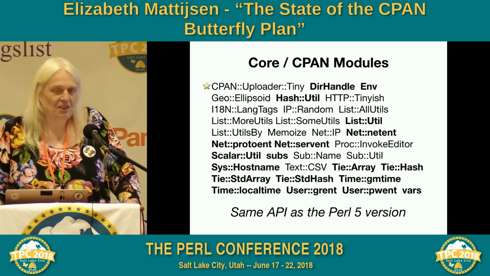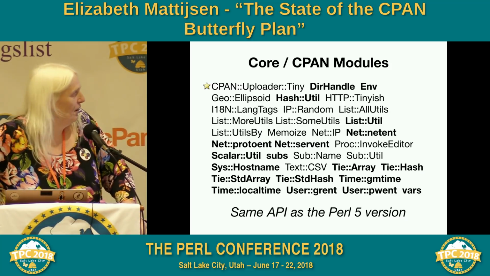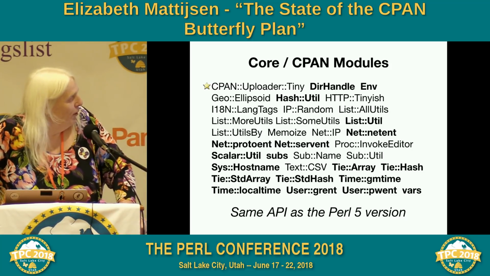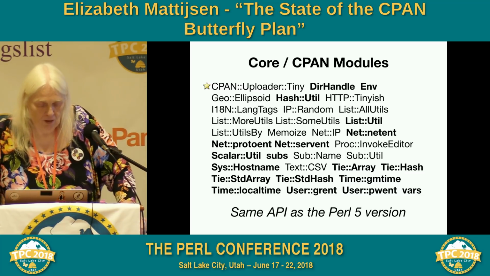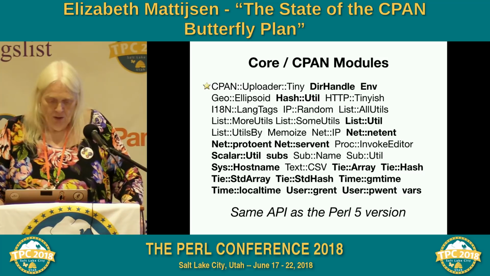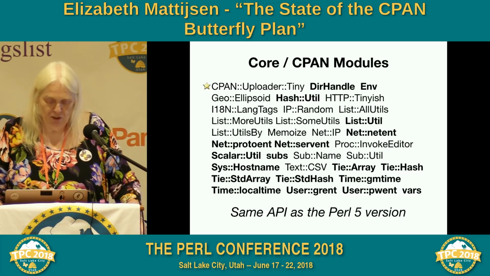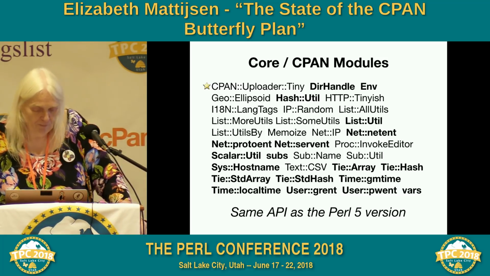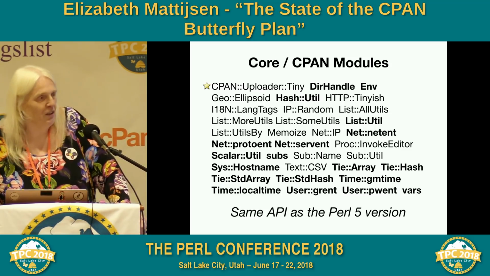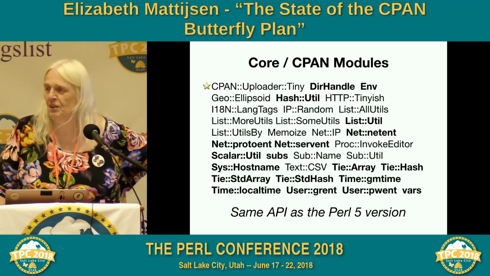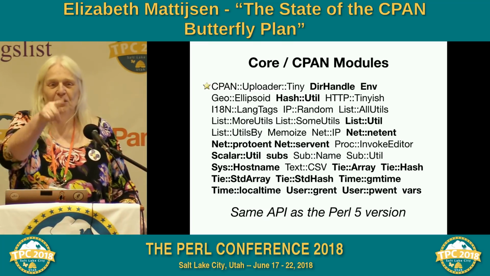So these are the core and CPAN modules that we know for sure actually have the same API as the Perl 5 version. There's some funny stuff there with regards to List::MoreUtils and List::SomeUtils, but does anybody know what the difference between the two is?